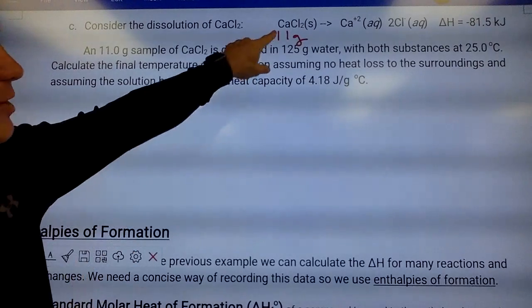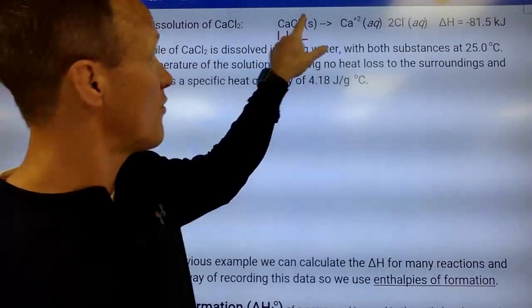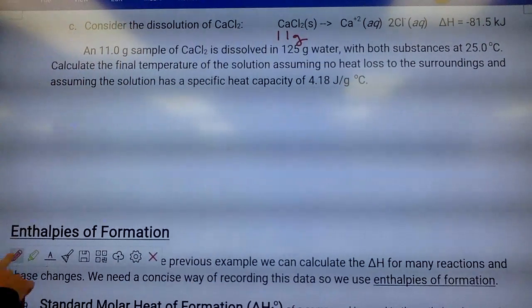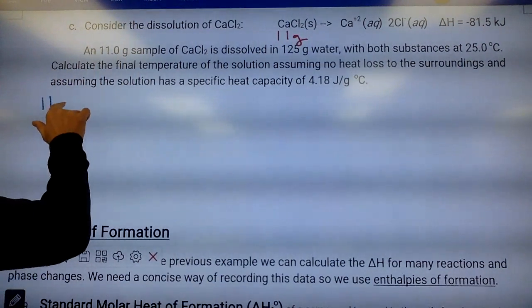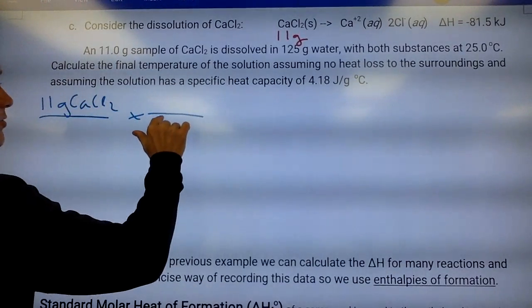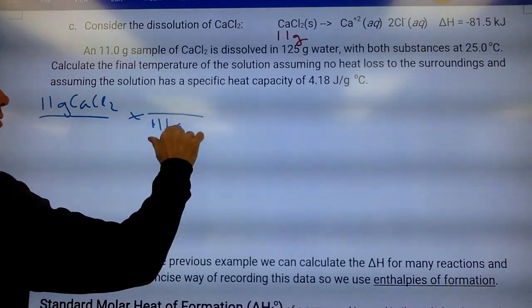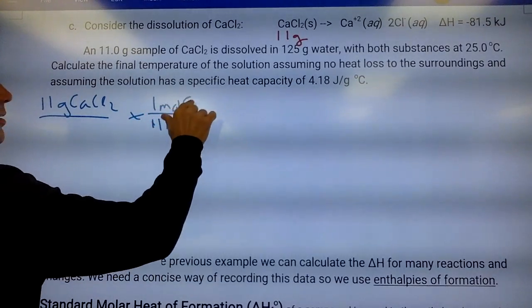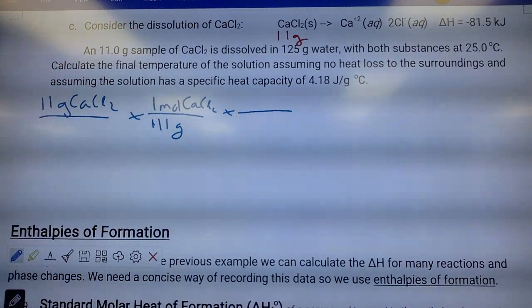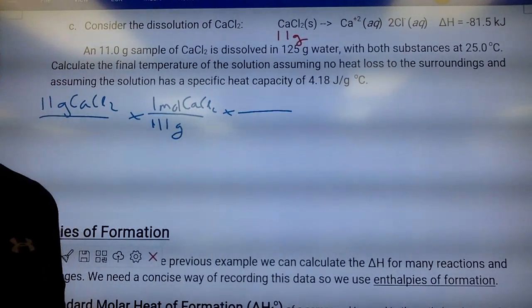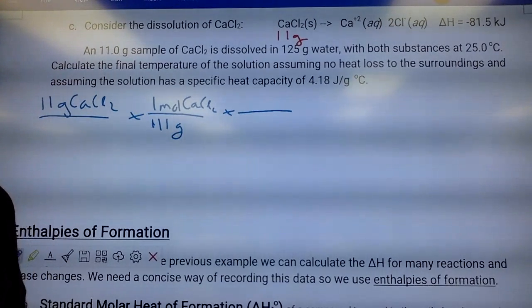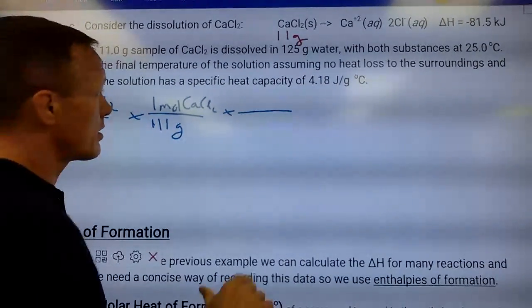So the first thing we need to do is figure out how much heat 11 grams would give off. We know that every mole of calcium chloride gives off this much heat. Let's do a little stoichiometry to start with. So we're going to go 11 grams of calcium chloride, and calcium chloride is 111 grams per mole. So that's 0.1 moles, excuse me.